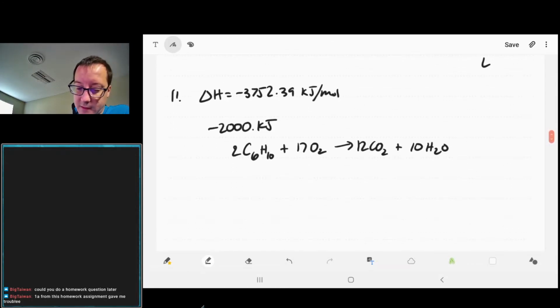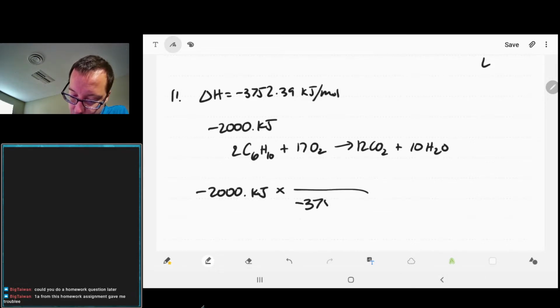Alrighty, remember that delta H will equal any of these. So when we're dealing with this, we've got our 2000 kilojoules. We have delta H. And we have our 17 moles of oxygen.